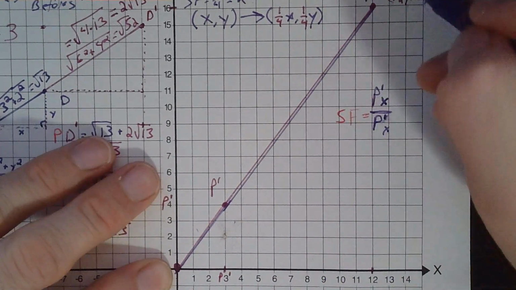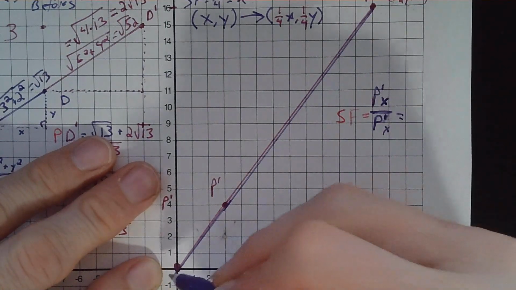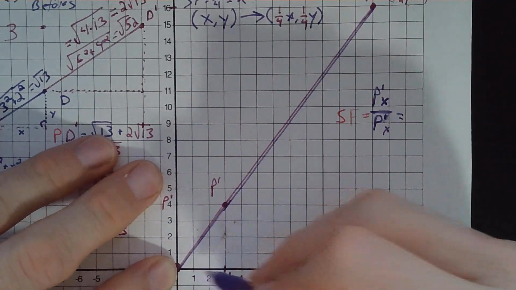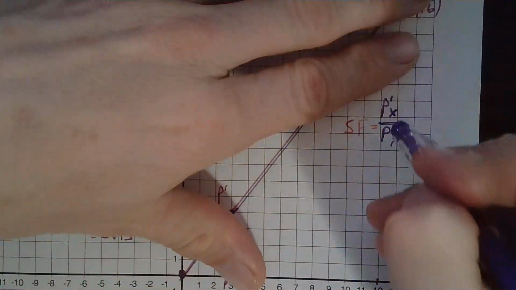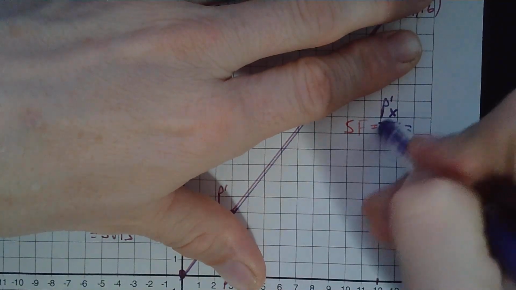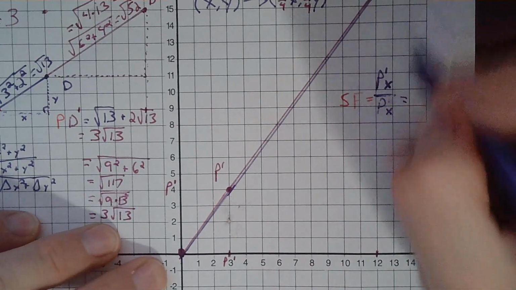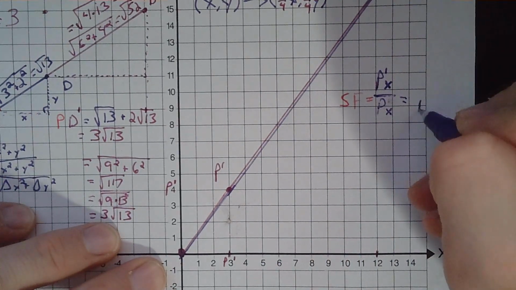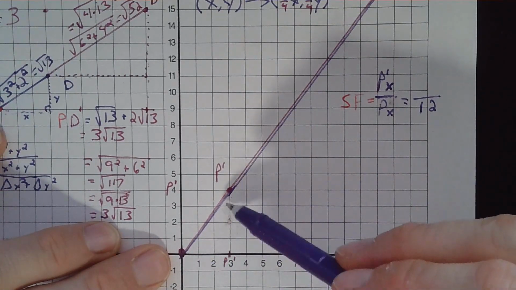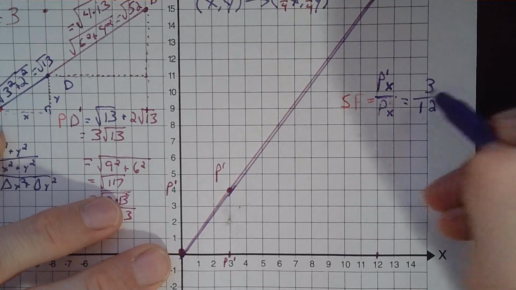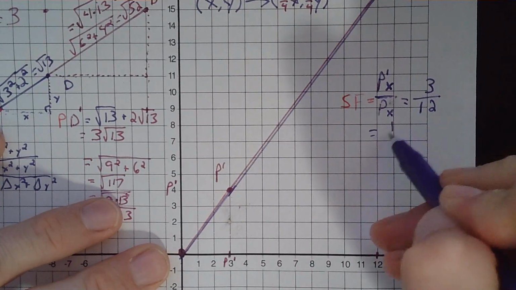It was 12 away from my point of dilation, and now it is 3 away. This is prime over not prime, and that equals 1/4.